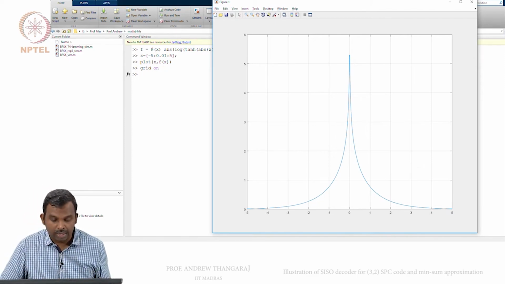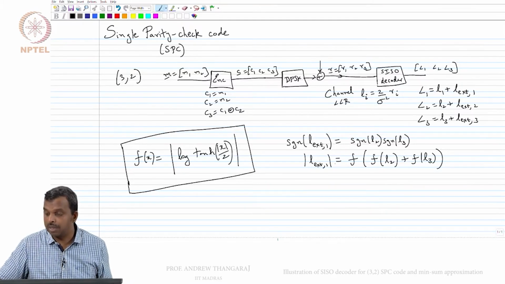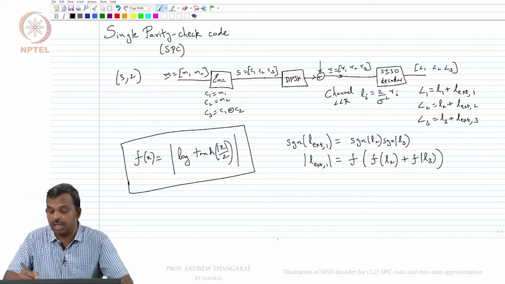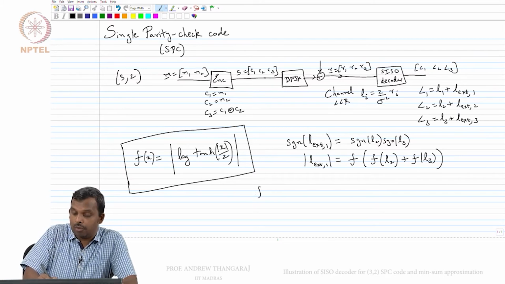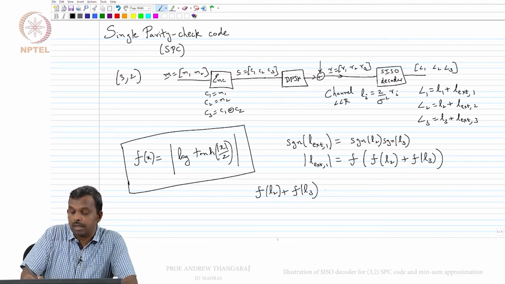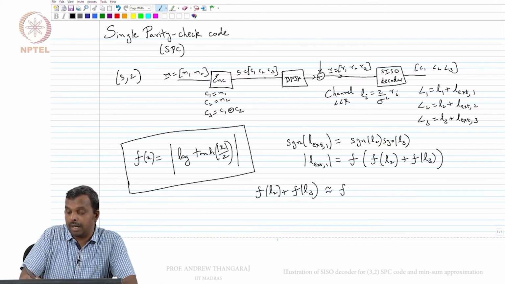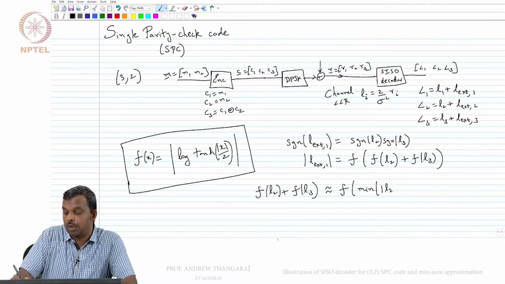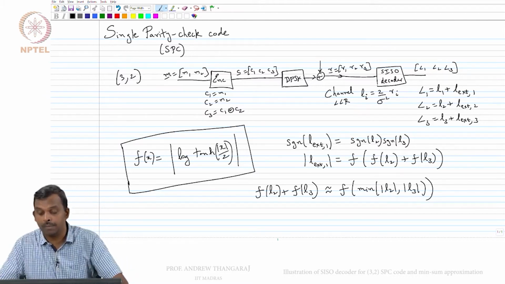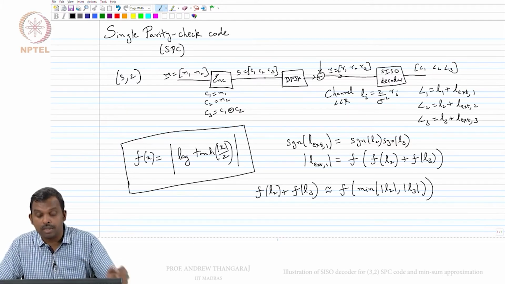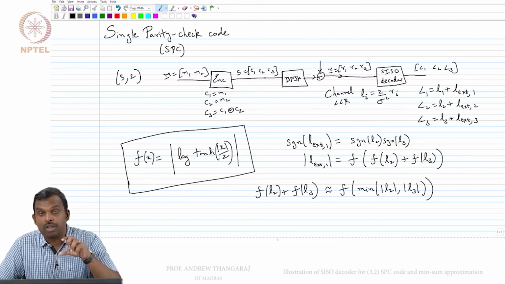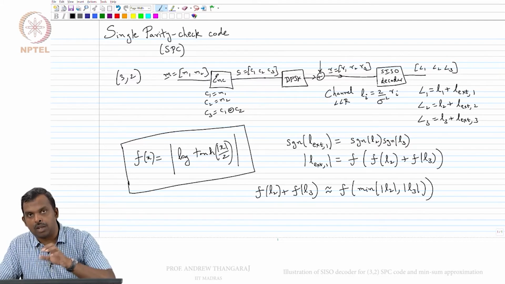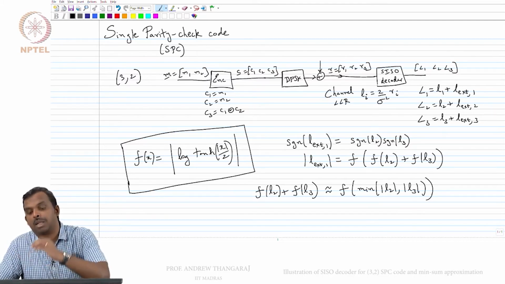So one of the very popular approximations for this kind of calculation is that f of L2 plus f of L3 is approximately f of the min of absolute value of L2 and absolute value of L3. Remember what I told you: when x is large, f of x becomes very small.